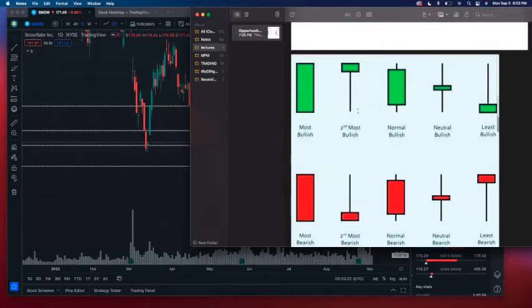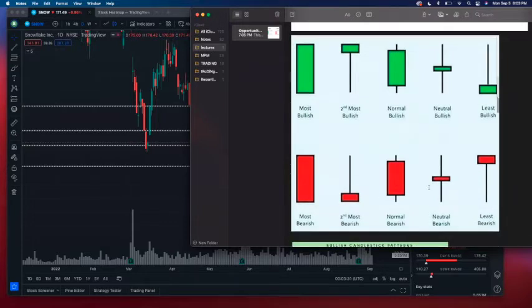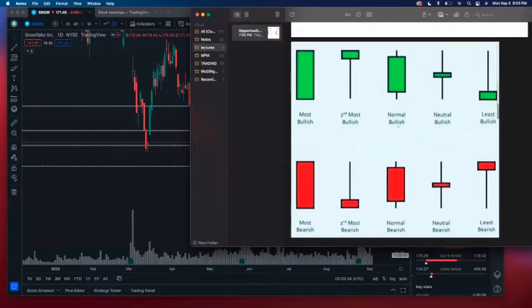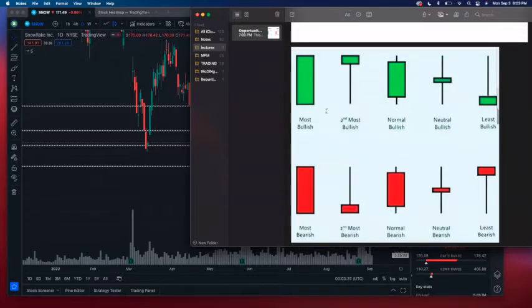What we're going to be looking at here is the bullish patterns and then the bearish patterns. These will give you an idea of what's going on within the candlestick, basically ranking these from most bullish to least bullish. This will give you an idea of whether buyers were stepping in, which means price is shooting up a ton.